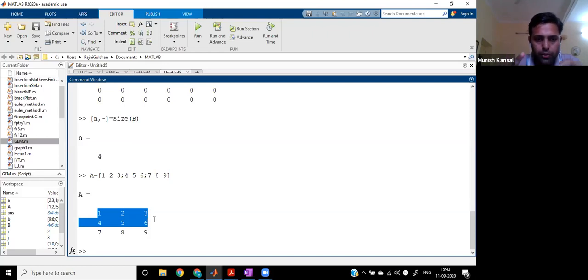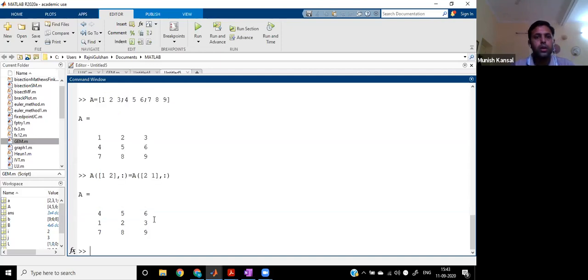So what will we do for that? We will just write down in square brackets 1 2, first and second to be changed, then say colon, right? So I will interchange this with 2 1. I think they should work. So first row is 4 5 6. You can see that first 2 rows are interchanged, right?